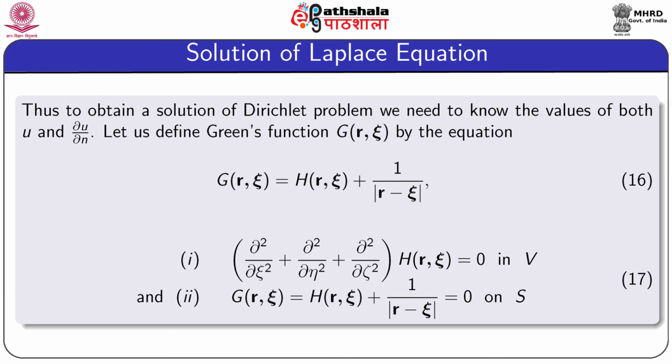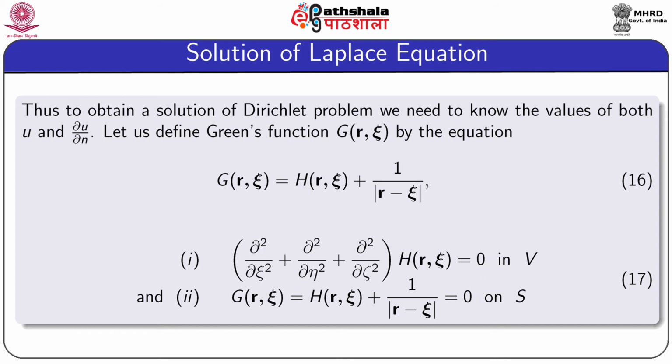But let us try to think about the problem in a different way. Now, we consider a function which is known as Green's function, which is of the form G equals H plus 1 divided by |r − ξ|. Now, we define a function G in this way, and we also assume that the function capital H is harmonic.